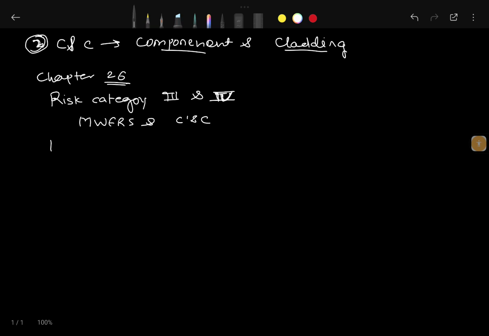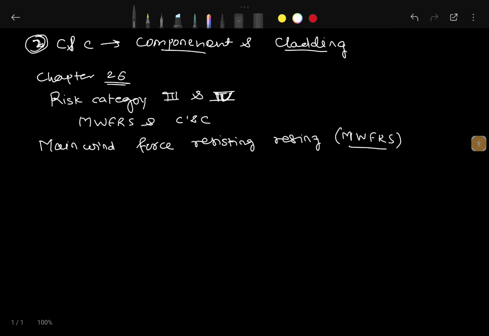So if we design with respect to the main wind force resisting system, that is MWFRS, then we can go through with these procedures. This following procedure we have adopted for this MWFRS.